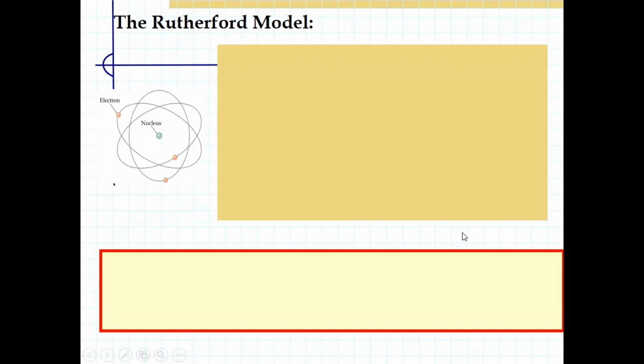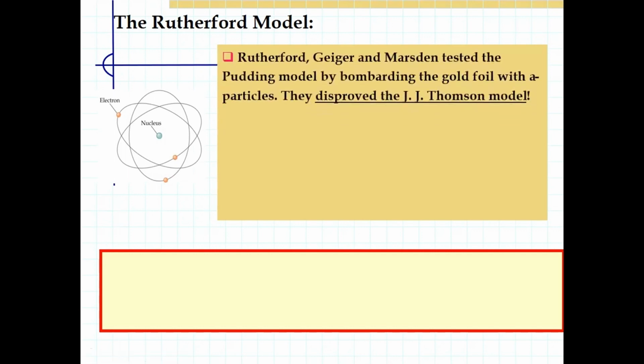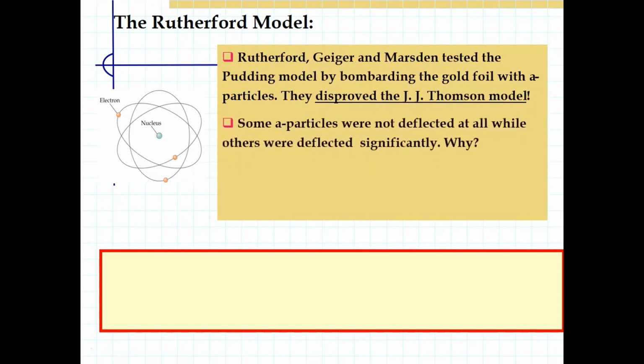Let us recap Rutherford's ideas on the atomic model. Rutherford, Geiger and Marsden tested the plum pudding model by bombarding gold foils with alpha particles, and then they disproved J.J. Thomson's model. They showed that most of the alpha particles were not deflected at all, while some of the particles were deflected significantly.